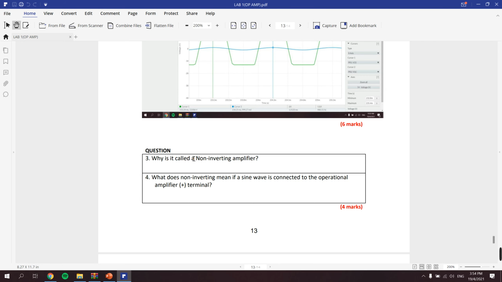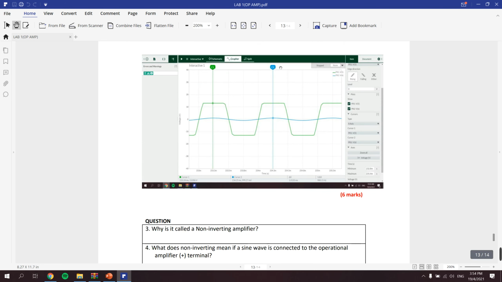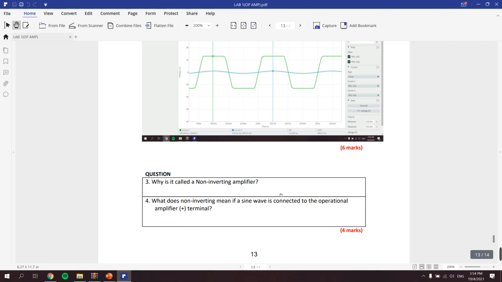Why is it called a non-inverting amplifier? Because, as you can see, the phase when we entered is positive phase, and the output is also in positive phase. It did not invert any of the phase, so it's called a non-inverting amplifier. What does non-inverting mean?